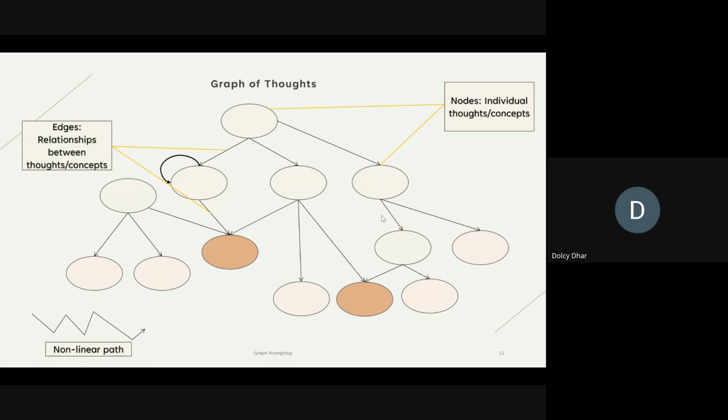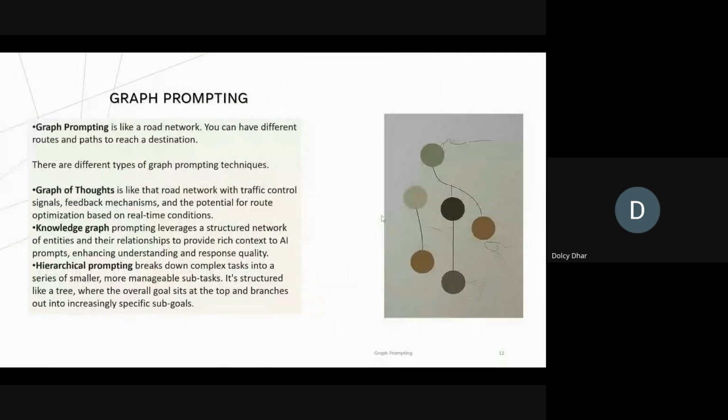I'm talking mainly about healthcare because my primary domain is healthcare. If you have other domains like finance and retail, that will change. So graph prompting is like a road network. You can have multiple routes and paths to reach a destination.